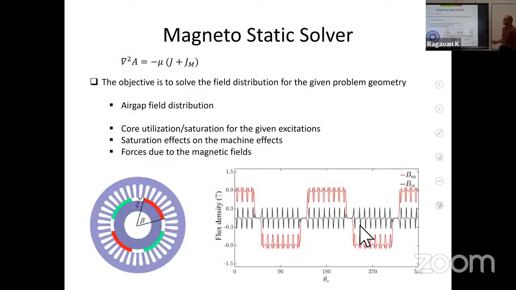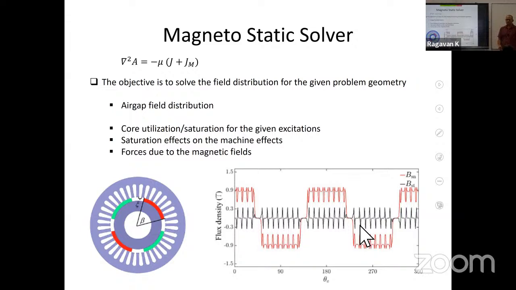Yeah, so let's look into some examples where we use the magnetostatic solver. The objective in this kind of activity is to just get the field pattern. We'll not deal with the change in field with respect to time.